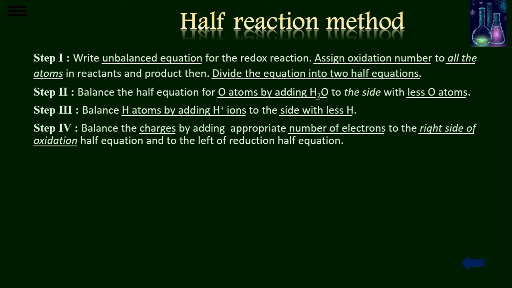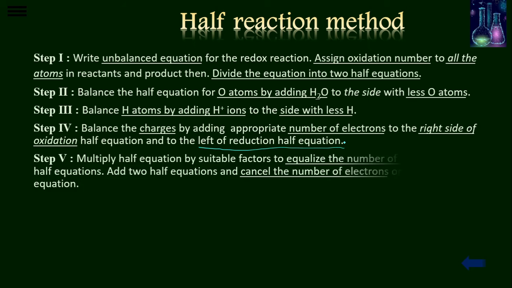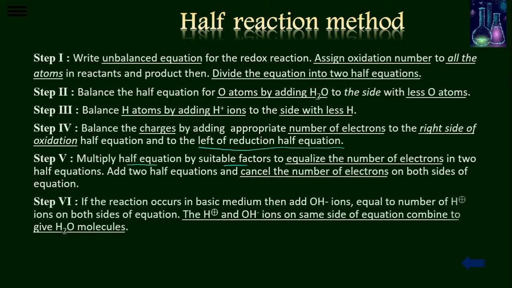Step 4. Balance the charges by adding an appropriate number of electrons to the right side of the oxidation half reaction and to the left of the reduction half reaction. Step 5. Multiply the half equations by a suitable factor to equalize the number of electrons in the two half equations. Add the two half equations and cancel the electrons on both sides of the equation.